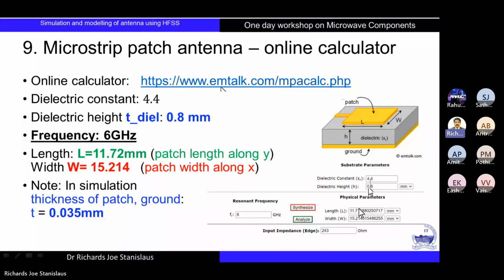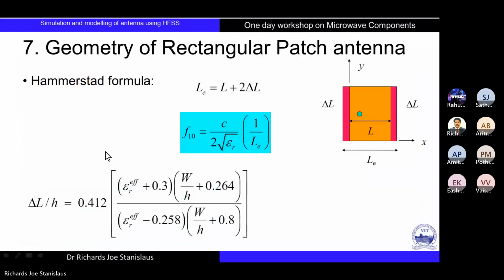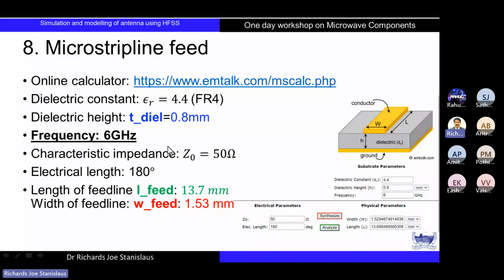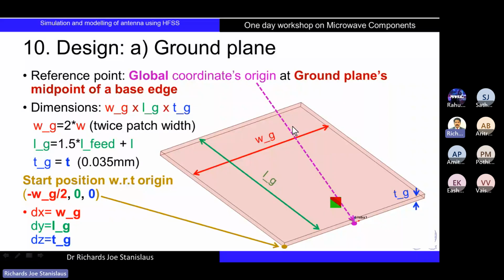In this PPT, which I'll be sharing, we made a design for around 6 gigahertz, with the microstrip patch antenna fed through a microstrip feed line. Instead of that, I thought I'd share this document with you for your reference.